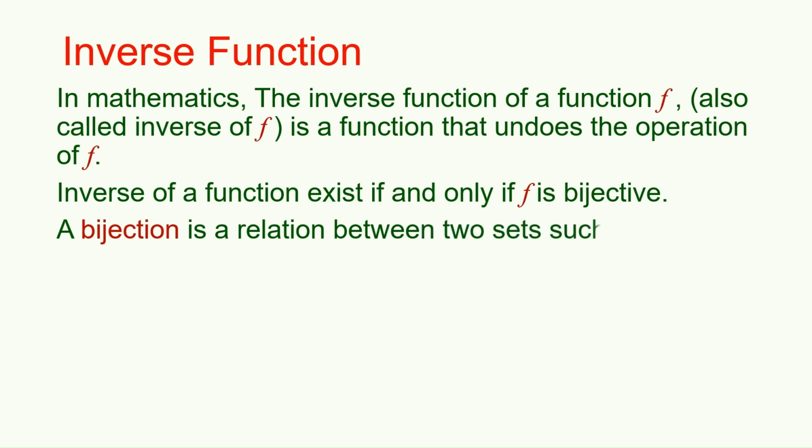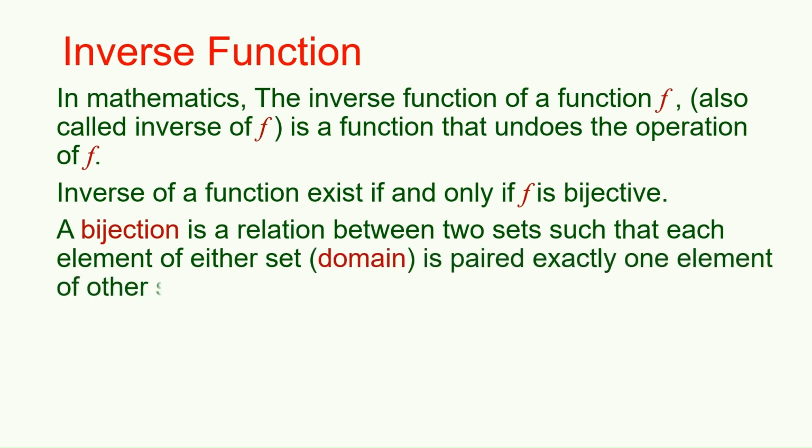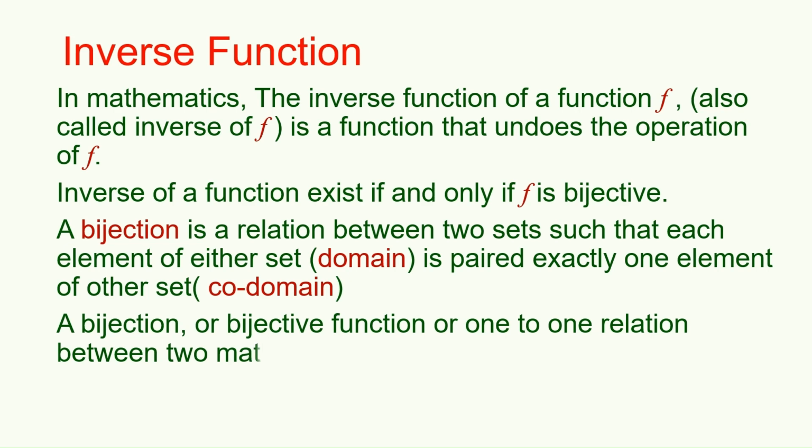A bijection is a relation between two sets, such that each element of either set, domain, is paired with exactly one element of the other set, codomain. A bijection, or bijective function, or one-to-one relation, between two mathematical sets is a function.